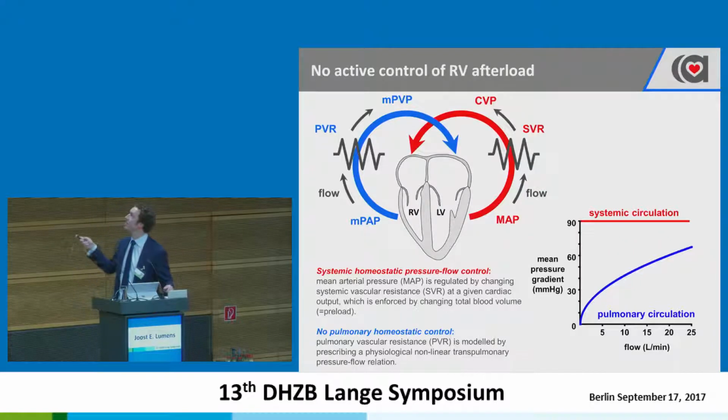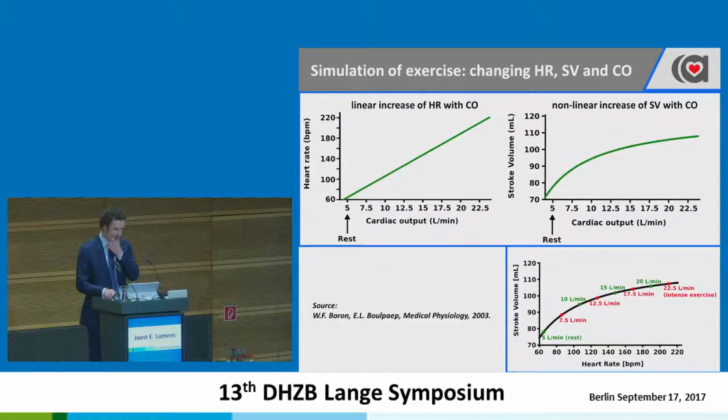But actually, if we look at the tissue, it's not that true, because from 5 to 20 liters per minute, it's rather linear. And the small decrease in pulmonary vascular resistance that does happen is due to distension of the vessels. And the very fast decrease in the beginning is due to the recruitment, which we know from the West model of the pulmonary circulation.